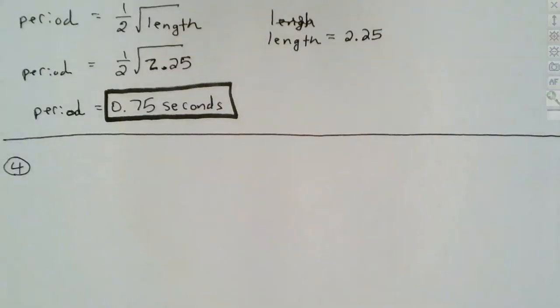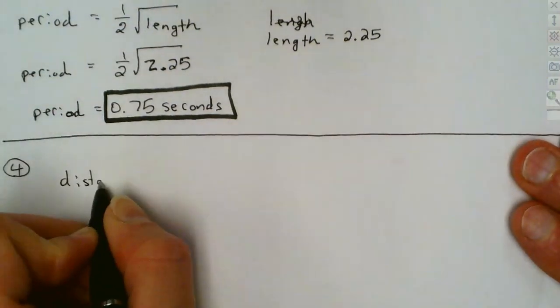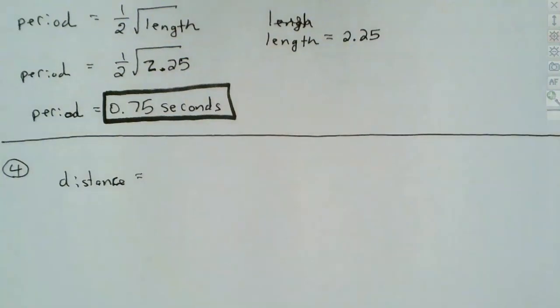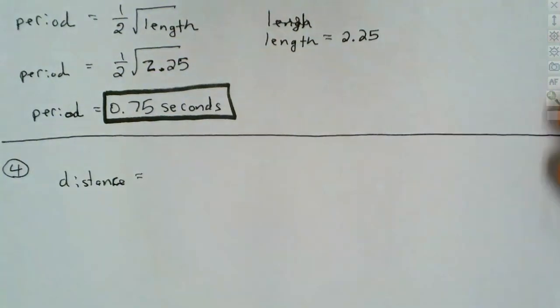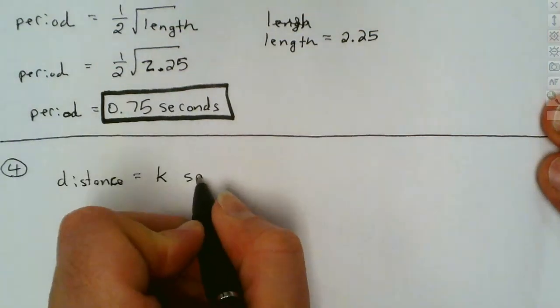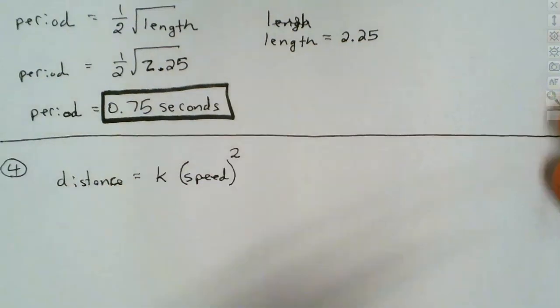So what we're looking for is the distance it takes to stop the car. So that distance, that's what we got first, varies directly. That means we multiply by the speed of the car. So the distance is going to equal k times the speed of the car, and it's in this case squared. So we have to square the speed of the car.